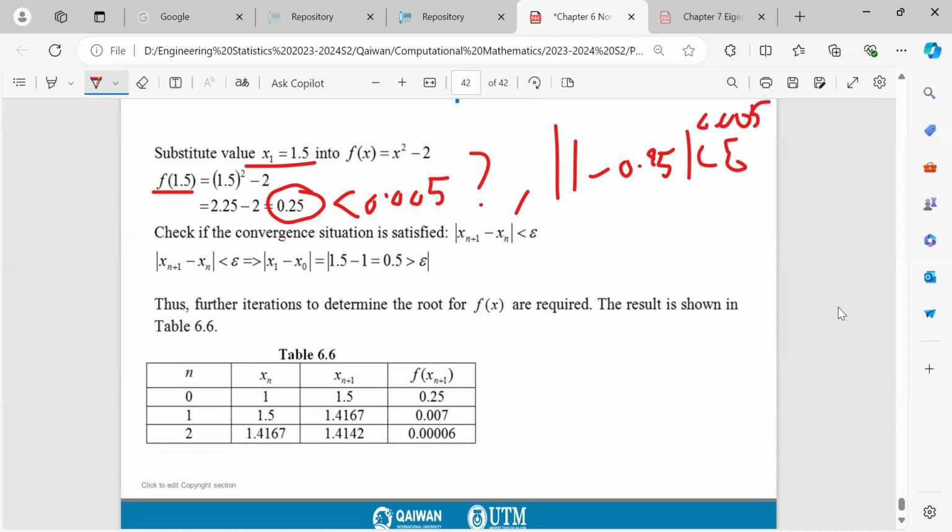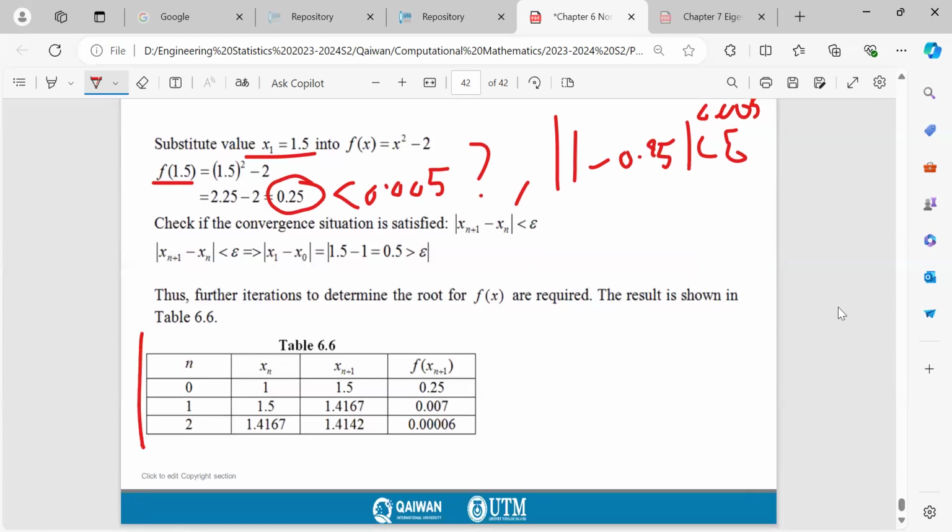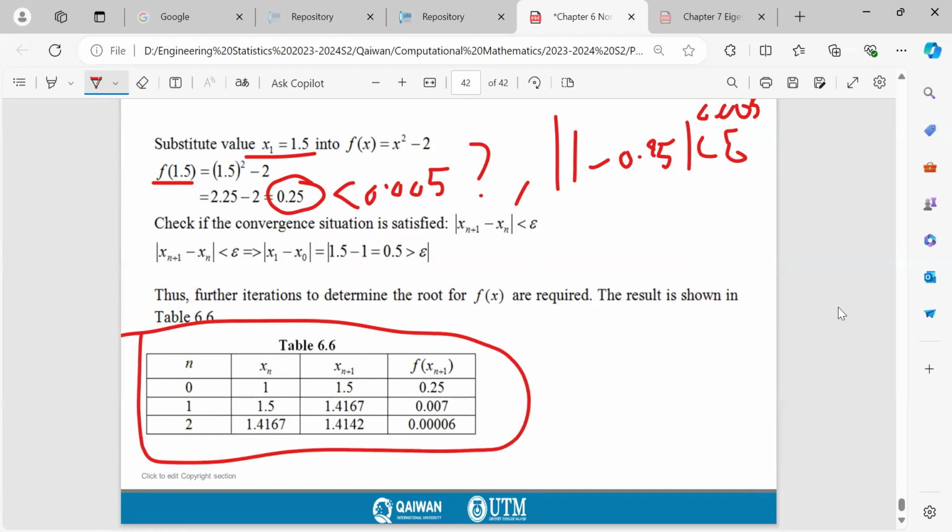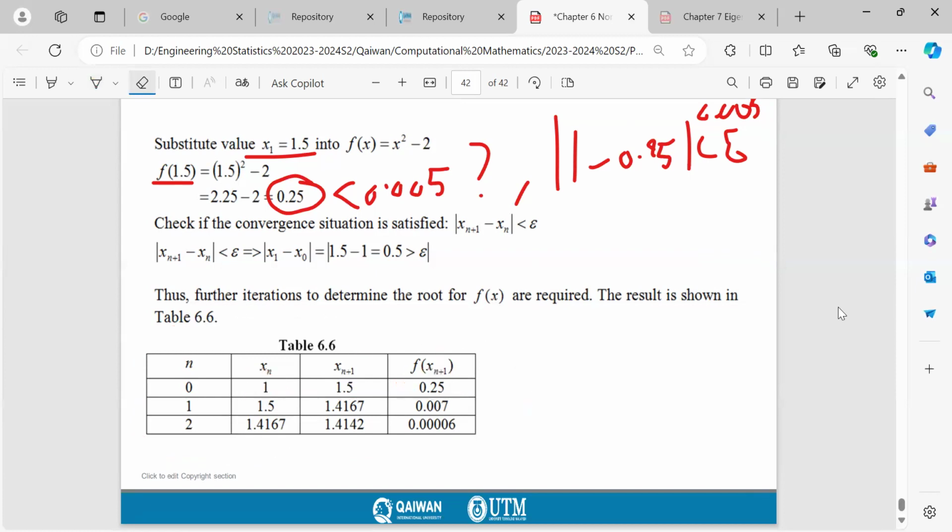So we need to continue, for 2 steps, 3 steps, 3 iterations. In the first iteration, x1 is 1, x2 is 1.5, f of x_{n+1}, which is f of x2, is 0.25, which is not less than 0.005.